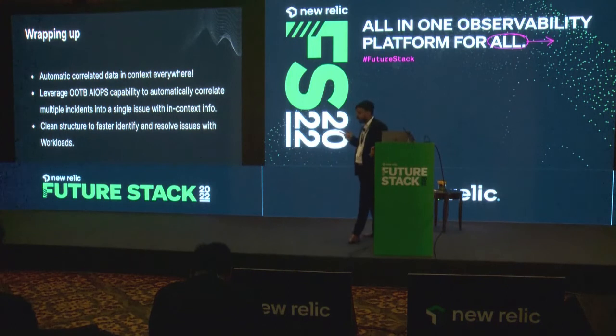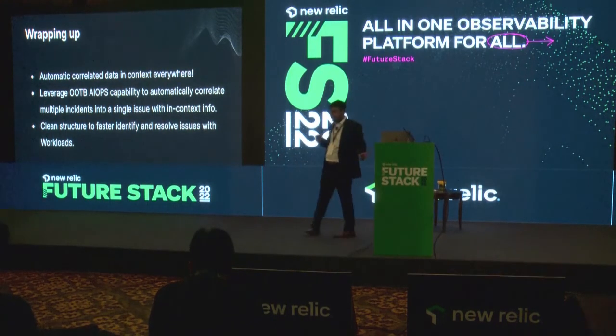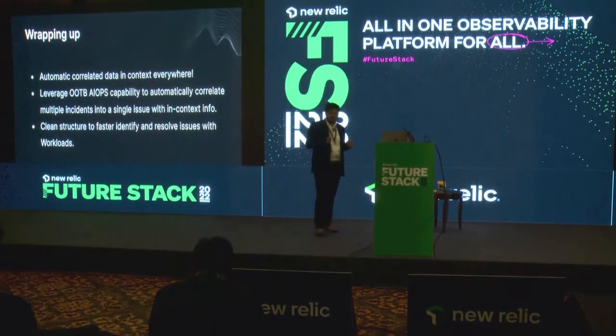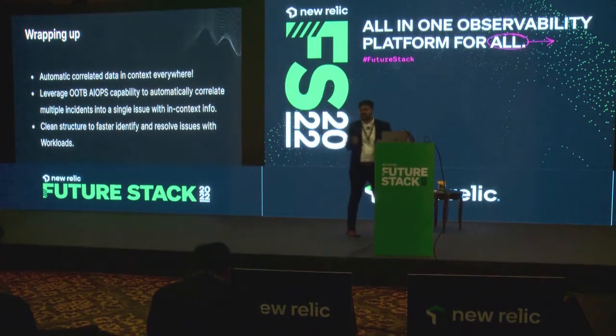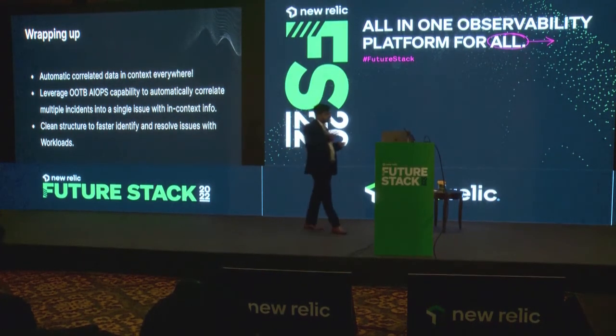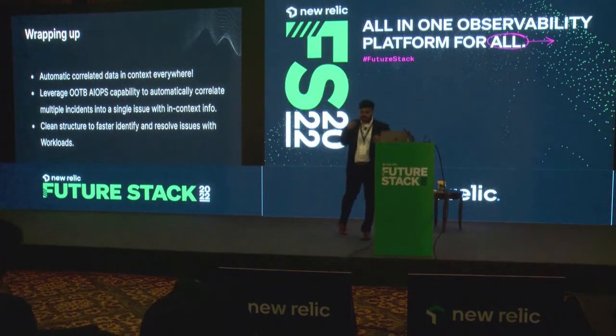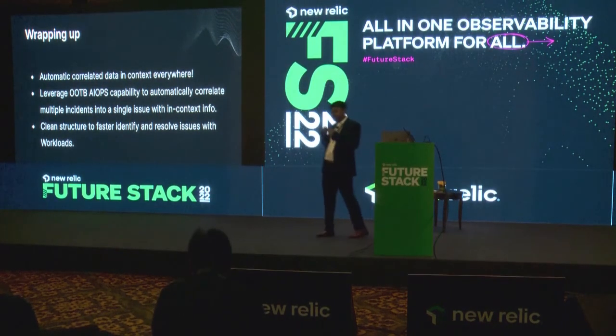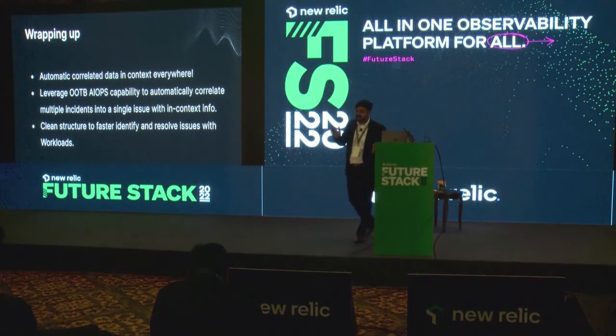Next, we saw how you can use Relic AI capabilities out of the box to get automatically correlated incidents into a single issue with, again, in-context troubleshooting info. And lastly, we saw how you can use workloads to detect and understand issues and maintain good hygiene practice in terms of observability to smash down the mean time to understand and the mean time to detect those incidents.